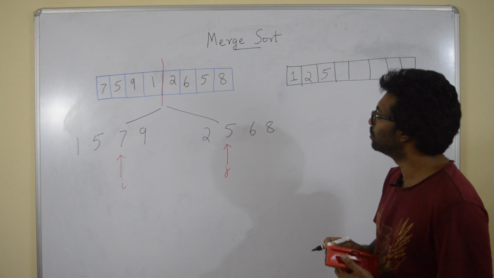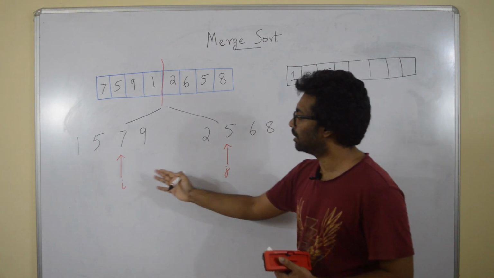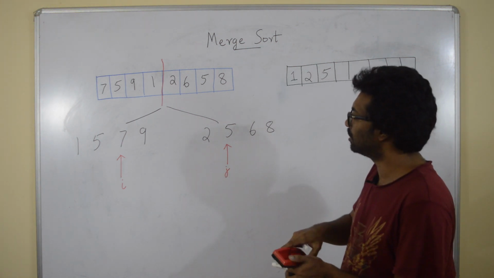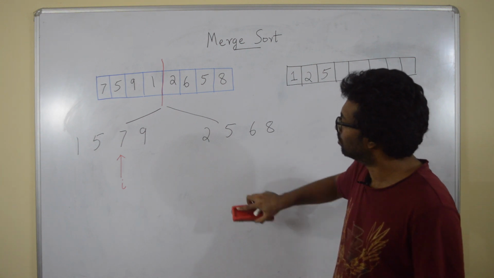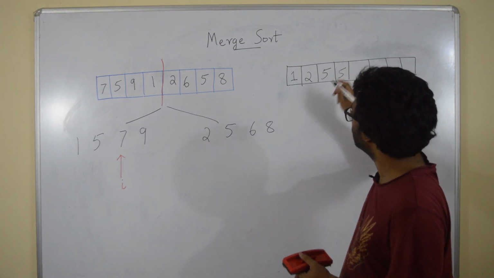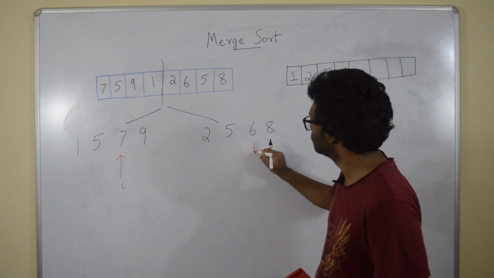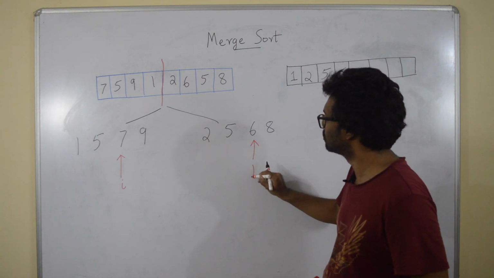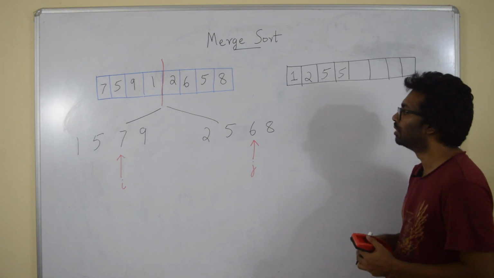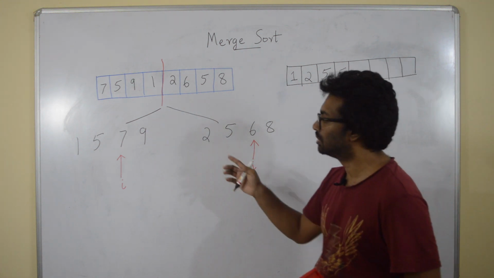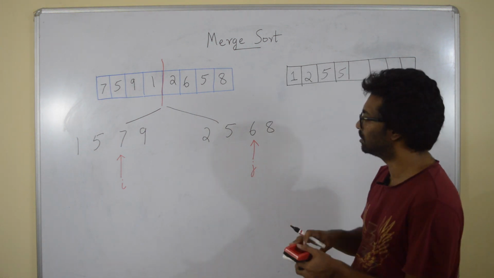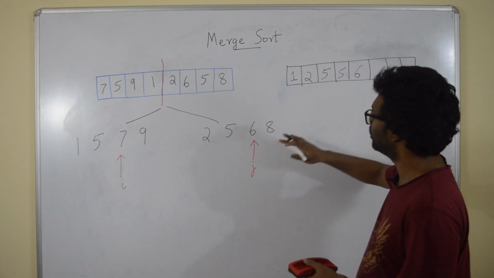Now you compare this I and j, and you see this 5 is lesser, so you move here, write down 5 and you move to this place. Right? Okay. Next, you compare 6 and 8, you realize 6 is lesser, copy 6 here and you move right.